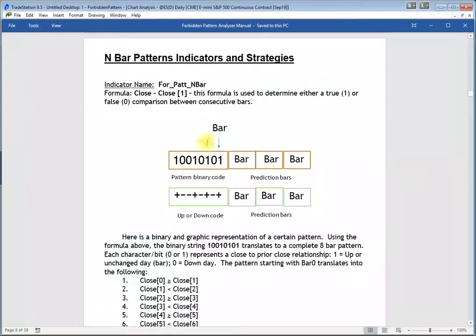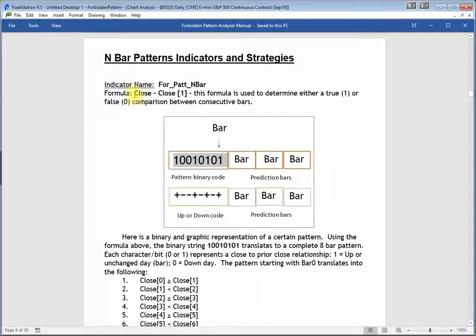Here is how we represent the different patterns in a binary format. Don't worry if you don't know what binary is. It's simply a set of consecutive bars that either have a 1 or a 0.